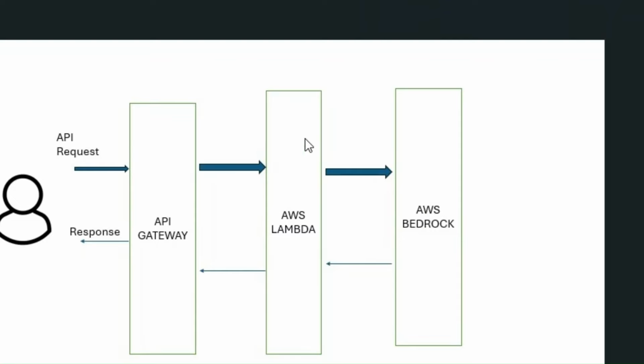We will write our Python code in the Lambda, and the integration with API gateway and Bedrock is similar in all the use cases. If you refer to the previous tutorials, you will be able to understand how to do that. The only difference is writing the code in AWS Lambda for each use case. So that's why we'll concentrate only on AWS Lambda here.